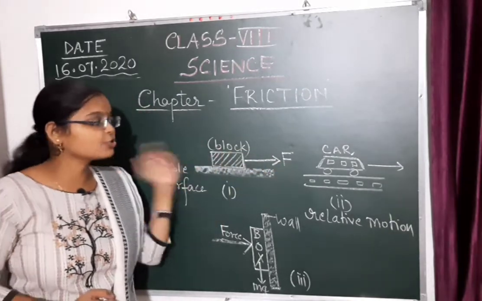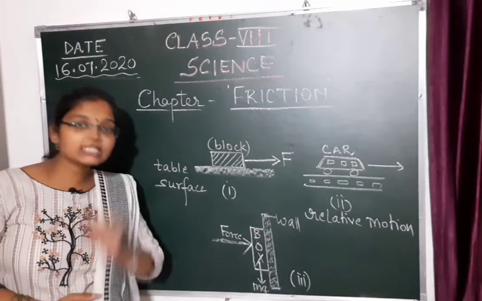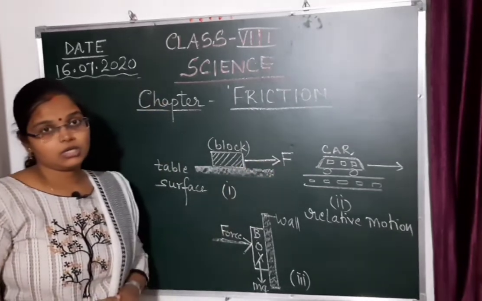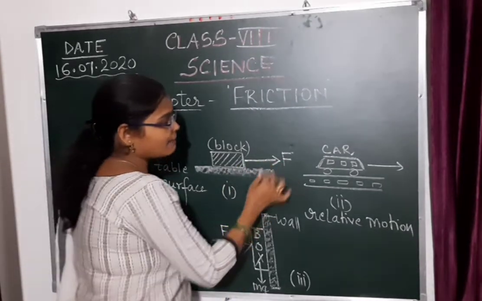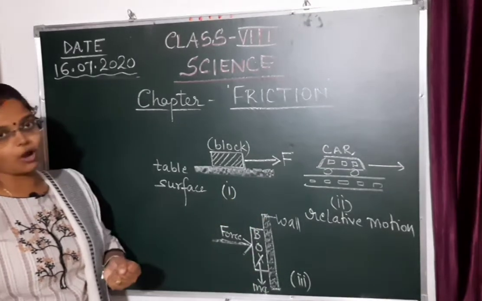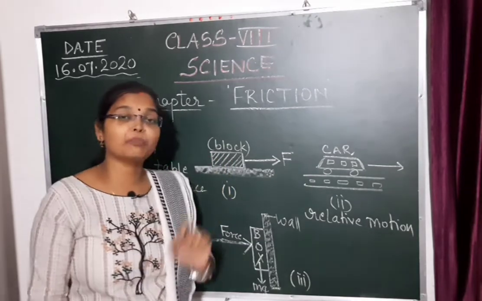कुछ ऐसा है जो इसको आगे जाने से रोक रहा है. And that something is equal to this force. Suppose I am applying 2 Newton of force to pull this object towards my side, but it is not displacing.